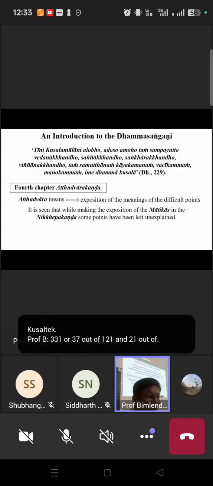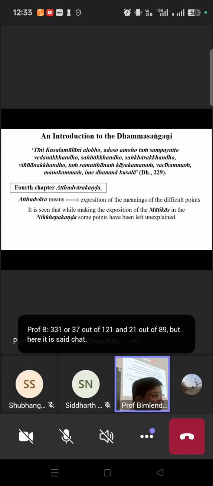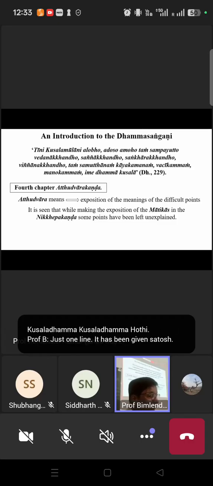But here it is said: catusu bhumisu kusalam kusala dhamma hoti. Just one line has been given. Catusu bhumisu means in Kamavacara, Rupavacara, Arupavacara and Lokuttara, the four planes of existence. Altogether there are kusala cittas, 21 or 37.